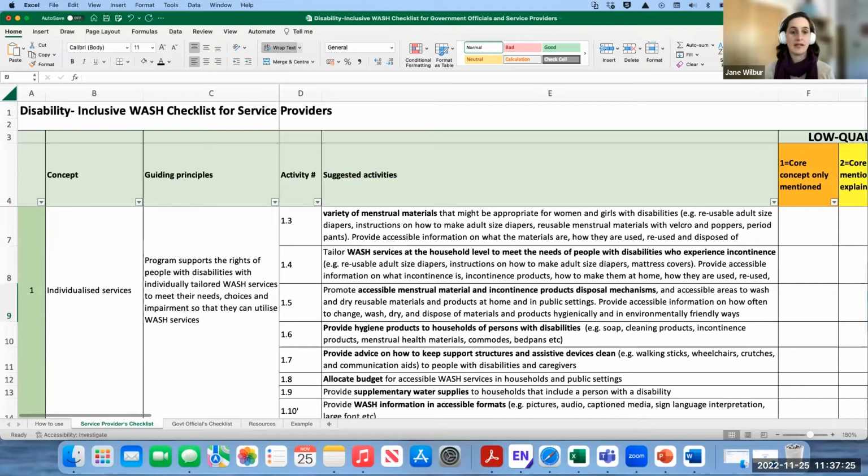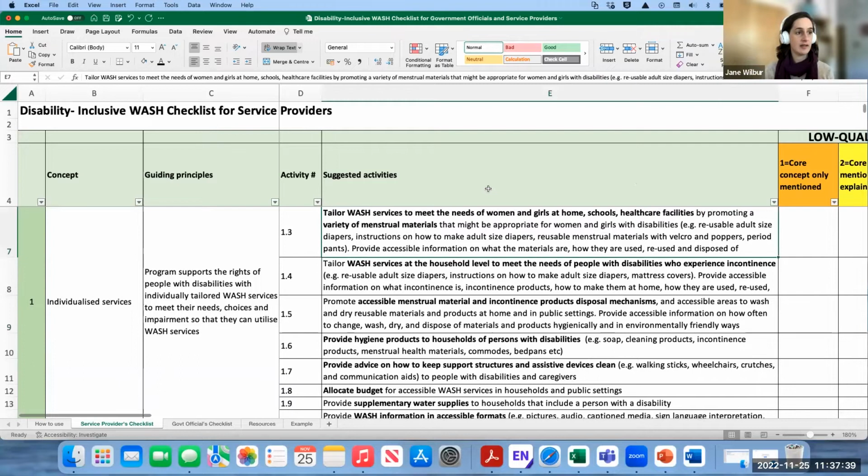Next to that is a column with an activity number. And then next to that column gives suggested activities. So these suggested activities in column E demonstrate what kind of things can be done to achieve the guiding principle and the concept.